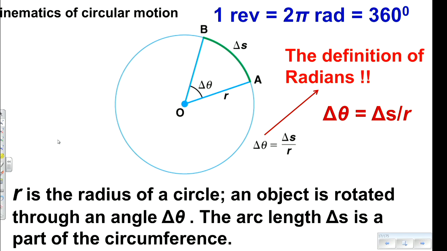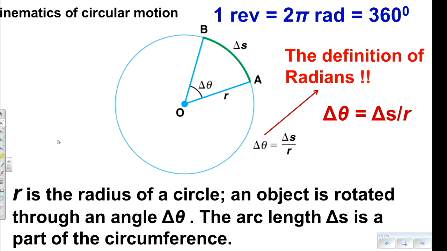And of course, we know that radians, degrees, and also revolutions, another unit to measure angles, are related. 1 whole revolution is equal to 2 pi radians, is equal to 360 degrees. So we can always make a transition from any unit to another unit.